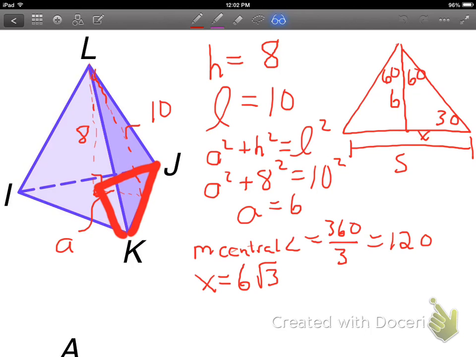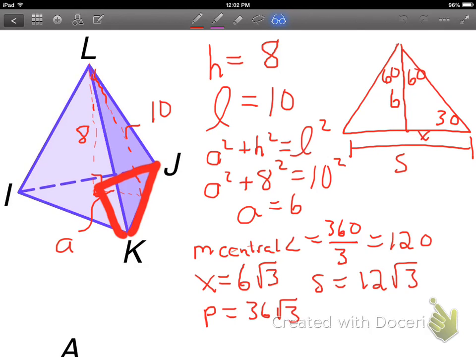That makes the side length, 2 of those x's, 2 times 6 root 3 is 12 root 3. And since this is a triangular base we're dealing with, the perimeter of our base, which is P, would be 3 times 12, or 36 times the square root of 3.